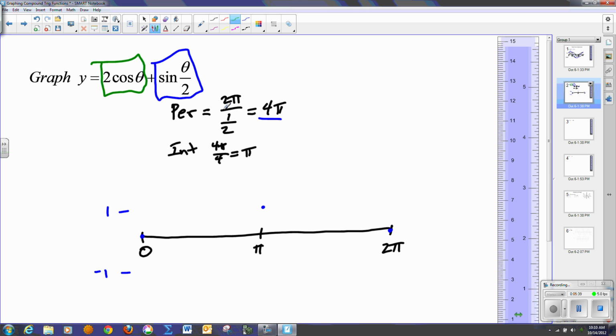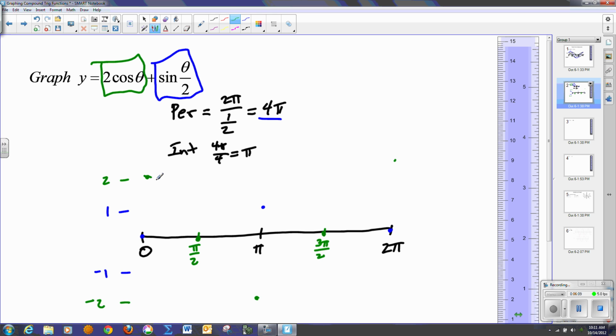I go over to the red graph, and this is 2 cosine. So my amplitude is 2 in this case, and negative 2 in this case. So I start up at 2. My intervals here are pi over 2. So I'm going to go to 0, go down to negative 2, back to 3 pi over 2, and back up to 2.